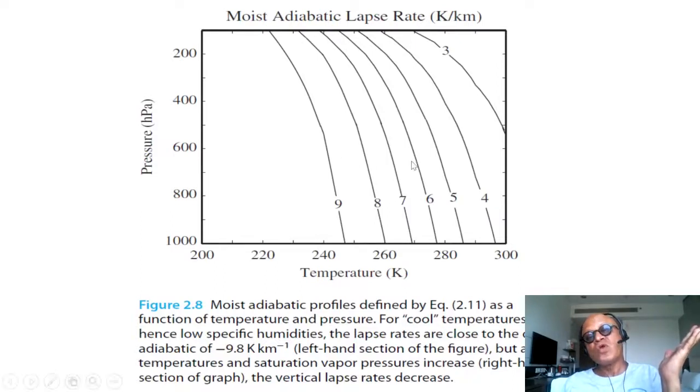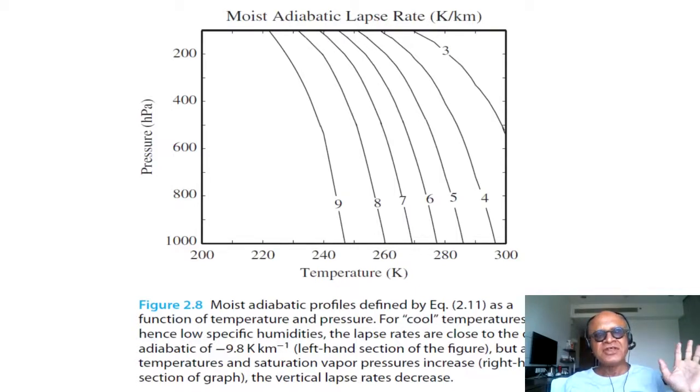But as you get into warmer temperatures, you can see that the drop in Kelvin per kilometer is going to drop off quite rapidly because of this process of condensation and heat release in the moist adiabatic rise.